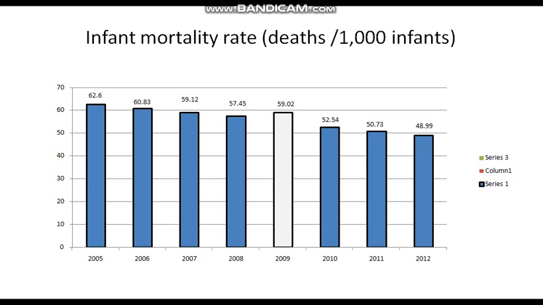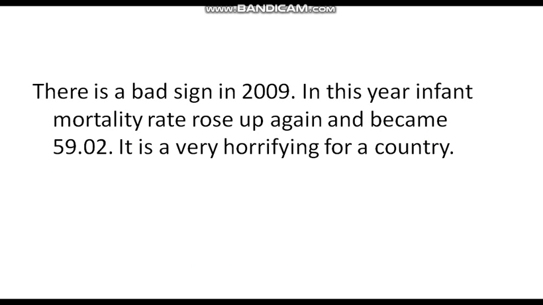Now we are describing the exceptional year 2009. There is a bad sign in 2009. In this year, infant mortality rate rose up again and became 59.02. It is very horrifying for our country.